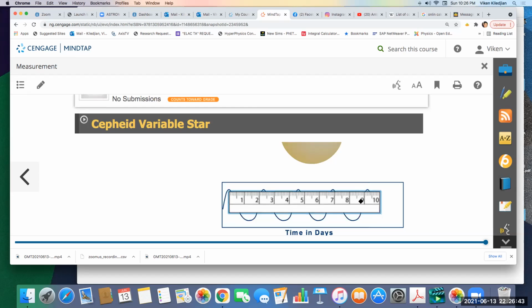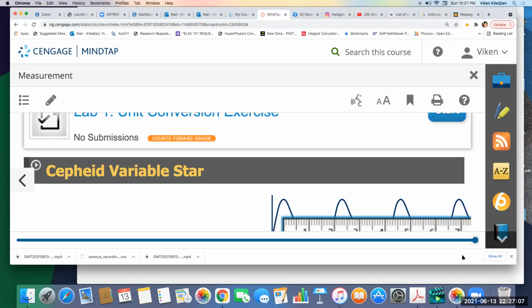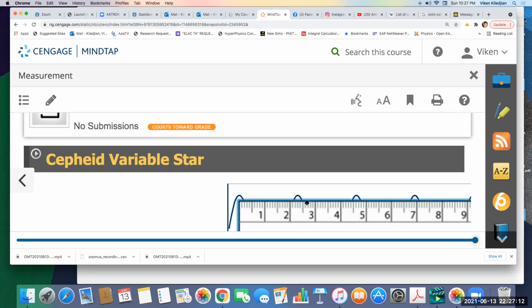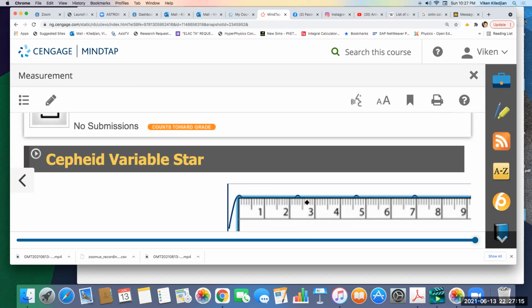And I want to measure how many centimeters from one peak to peak. So about, it looks like it's about 2.35 centimeters. You see, 2.35, maybe if I zoom in more. Ah, that's really nice right there.